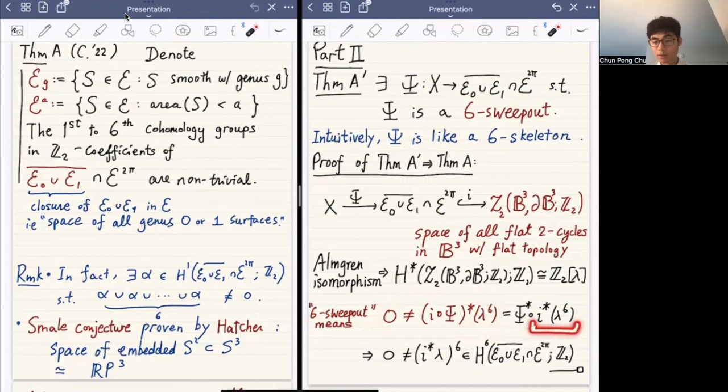That means there's something to the 6th power that is non-trivial, and this will lie in the 6th cohomology group of the space we concern, right? Therefore, we conclude we've proven theorem A. The lambda to the 6th power has to be non-trivial.